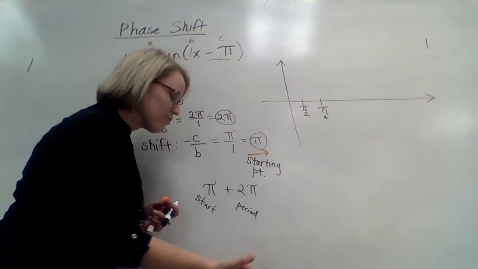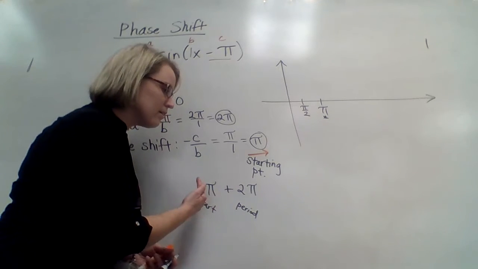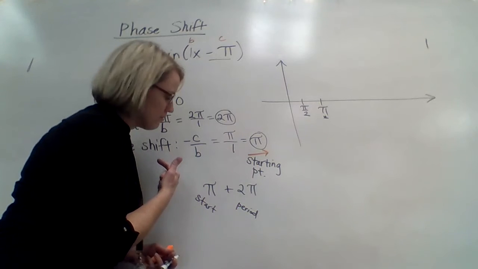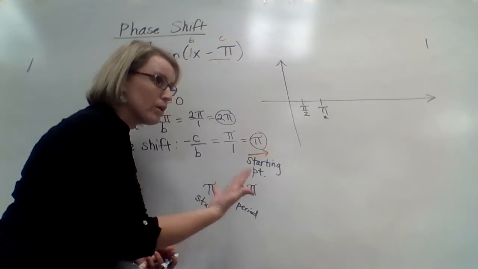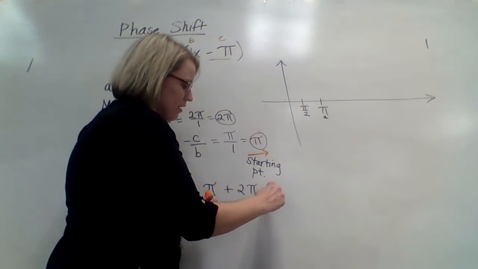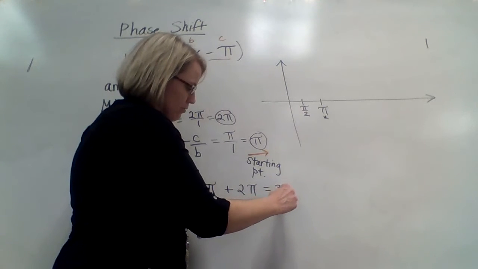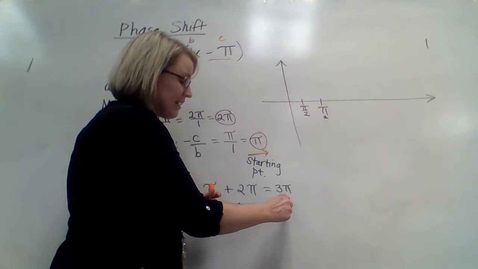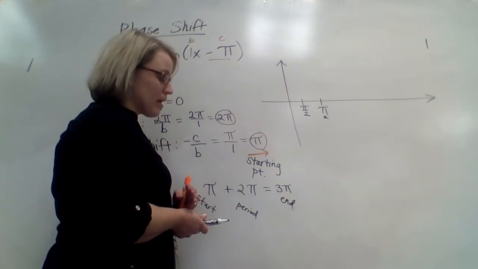It's like on a number line, if you're going 1 to 5, how am I going to get there? Well, I've got to figure out what I've got to add to 1 to get to 5. So it's that kind of thing. So we're going to add those together and get 3 pi. Okay. So this is my ending tick mark.